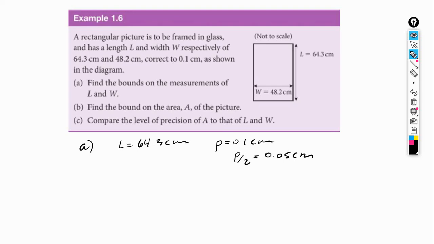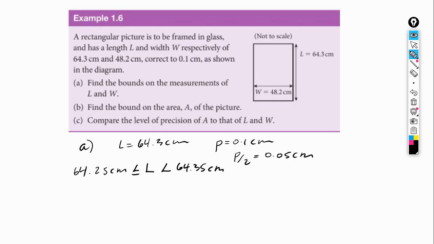And that's what we need to use to find the bounds for L and also for W. So for L, notice that if it's 64.3, we subtract from this 0.05, we're going to get 64.25 centimeters, less than or equal to L, less than 64.35 centimeters.